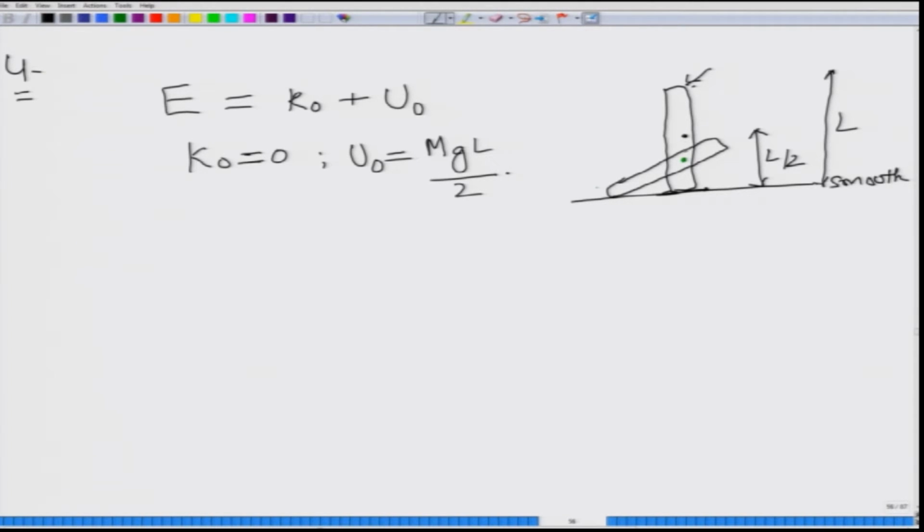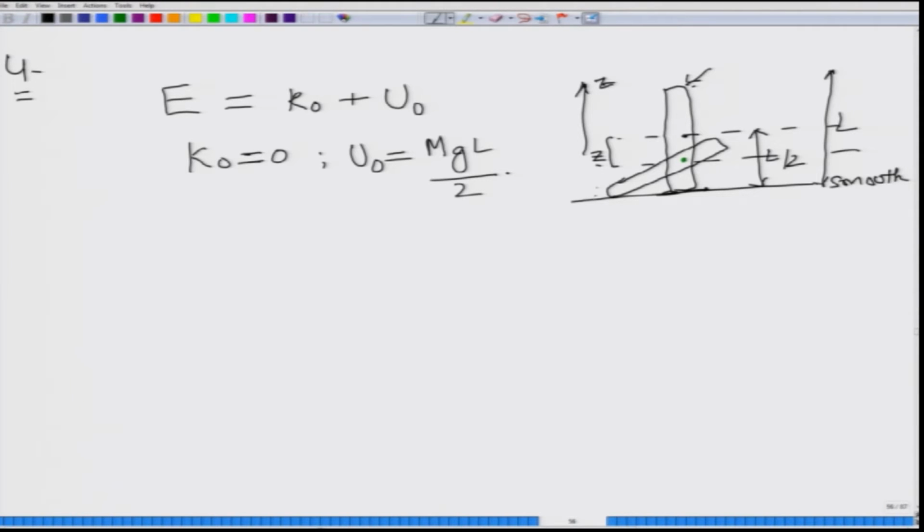When the center of mass moves a bit downwards after some time, say this direction is the z direction and it has moved a distance z downwards.